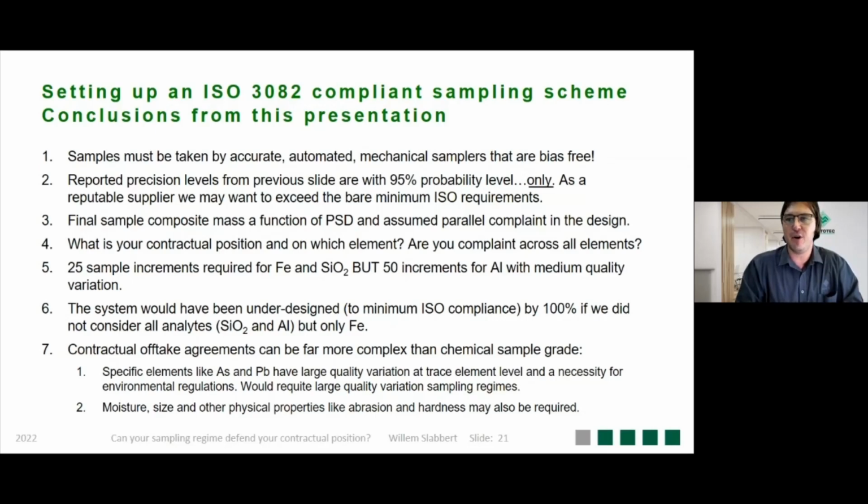The future of sampling, not only in iron ore, but globally, is not to sample in applicability to iron ore, iron and silica grade, but also to sample trace elements like arsenic and lead content that could have environmental or severe health effects.